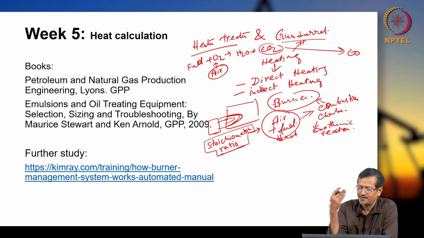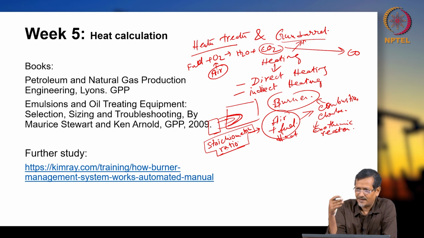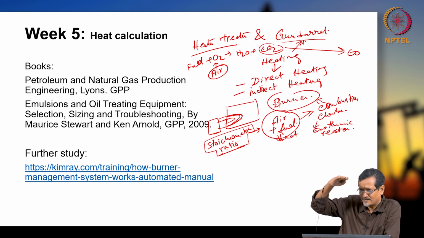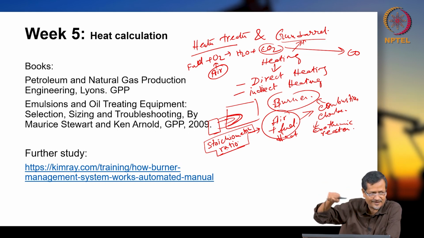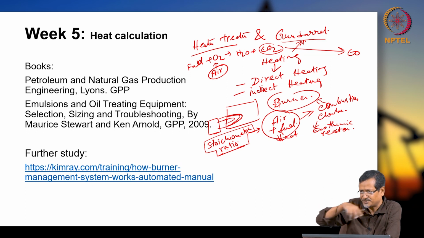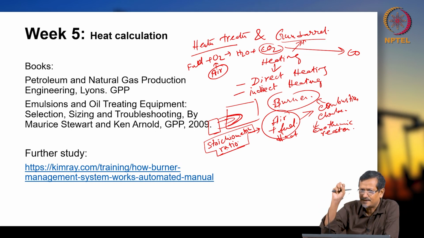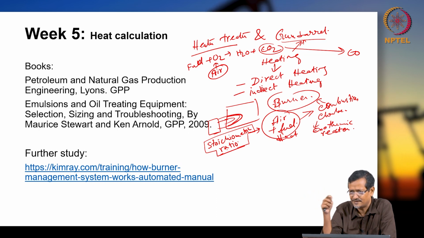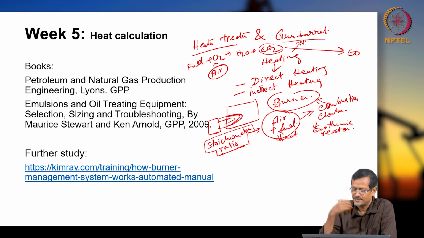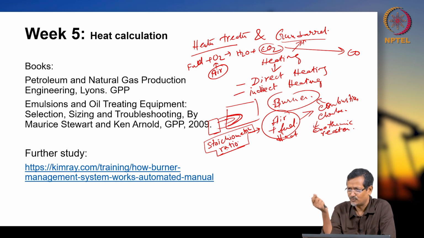For example, in a direct heating system, as I said, temperature can shoot up suddenly, and the water level can go down. When the water level goes down, the temperature in the fire box, the area where combustion is happening, will be very high. So that system can melt, burning is also possible, leakage is possible, rupturing is possible. In that case, you have to control the temperature. How to control?